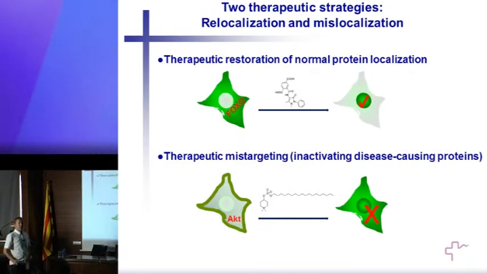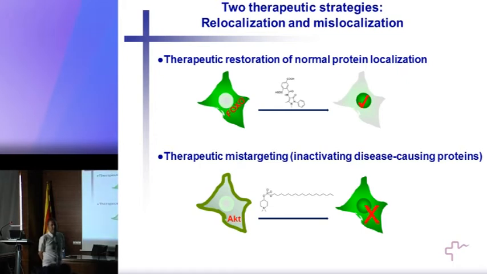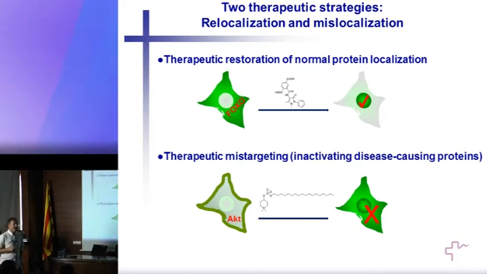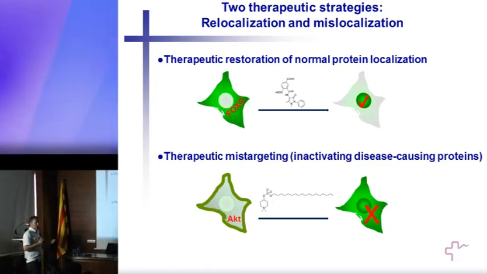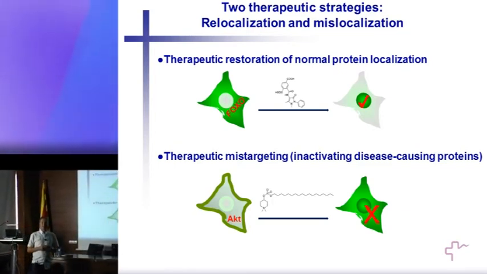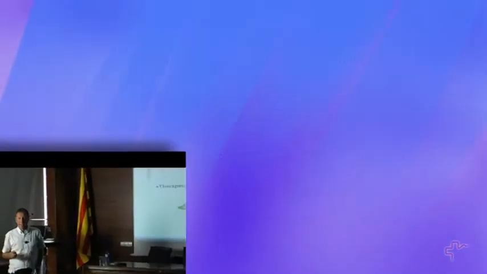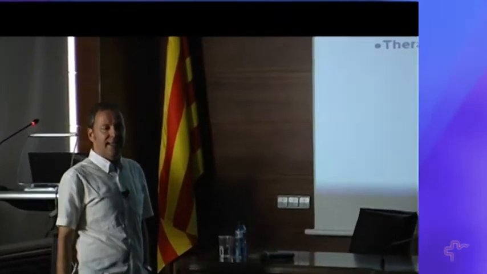There are two direct therapeutic implications of this. First, you can restore normal protein localization, and you can therapeutically mistarget and thereby inactivate disease-causing proteins. And a striking example for the latter strategy is periphosin, which is an inhibitor of the oncokinase AKT.